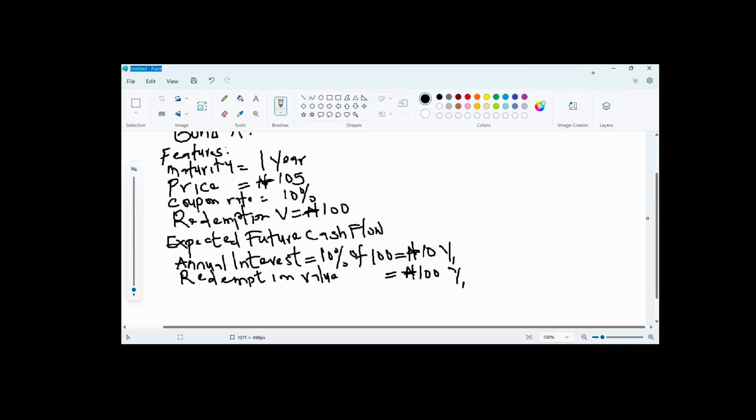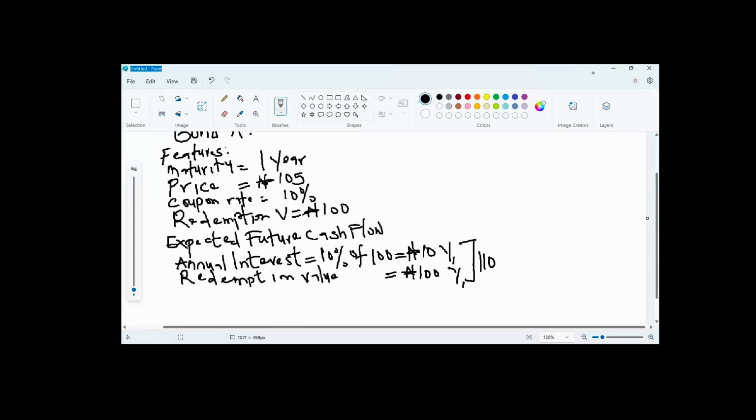If you invest in bond 1, you are going to get interest in year 1. That same year 1, you are going to redeem the debt. That means in year 1, you are going to get 2 cash flows, 100 plus 10. We are going to get 110.